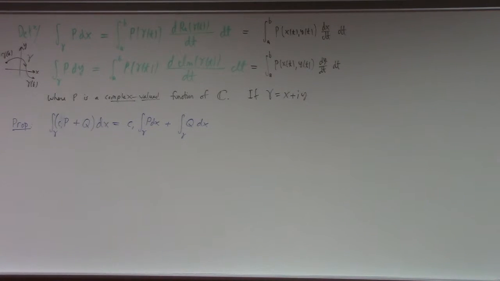So you have linearity in the usual way, and it's not hard to prove that. You just go up to the definition and sort through the corresponding linearity of those integrals, which are just what?